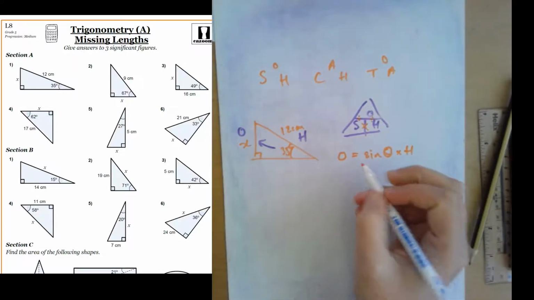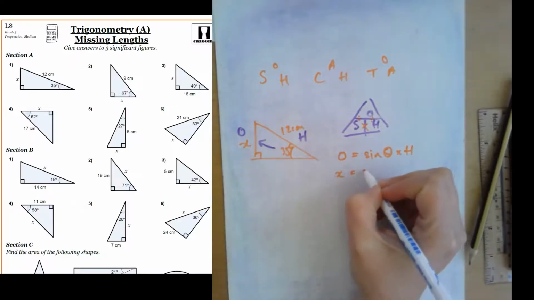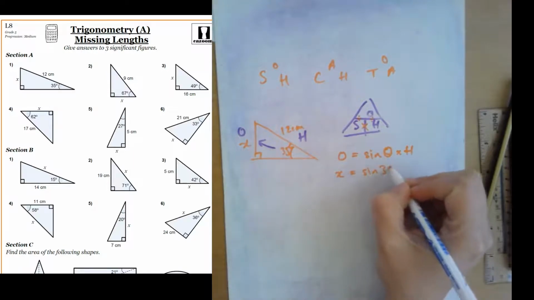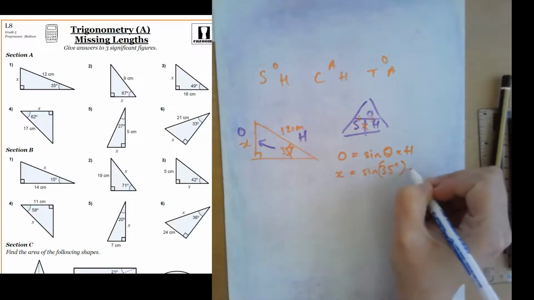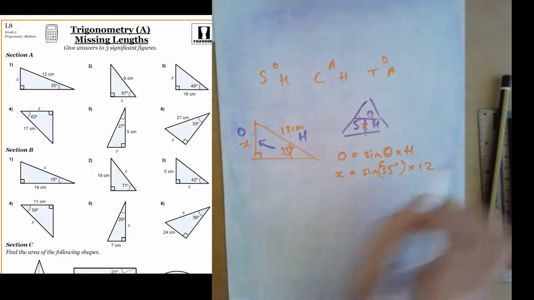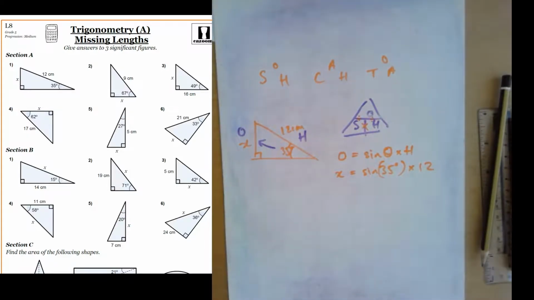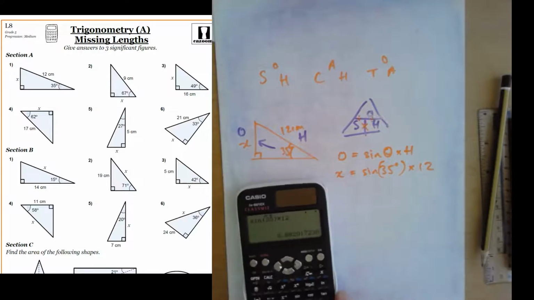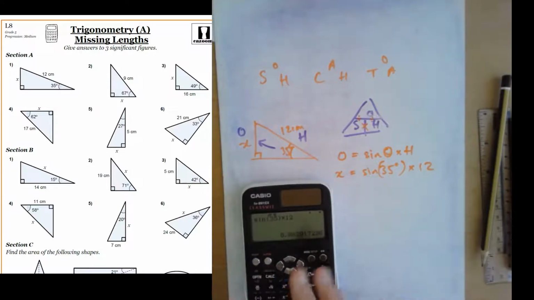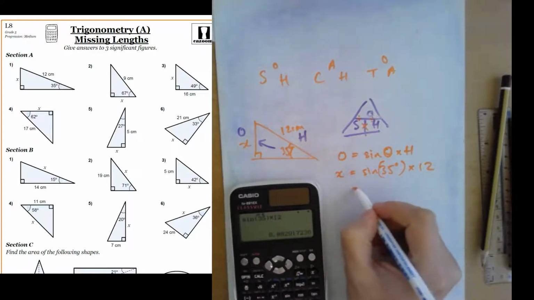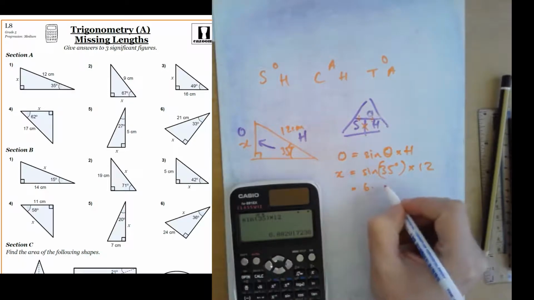In this case, O is X. And then I've got sine, they've given me sine 35, multiplied by 12. Okay, so that's all I need to type into my calculator. That's literally all you need to do. You type that in there and then it gives you the answer.